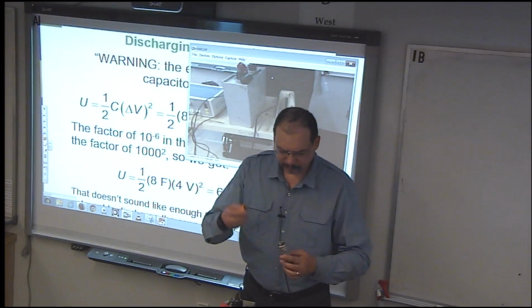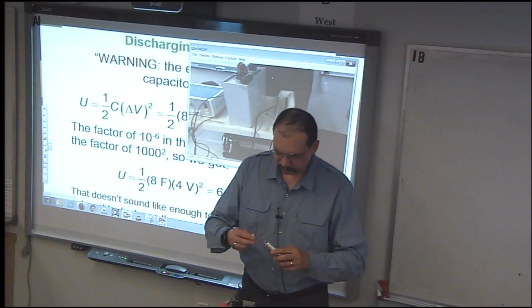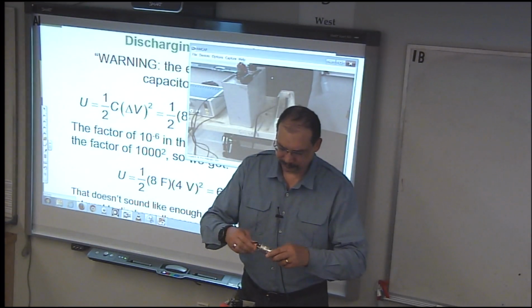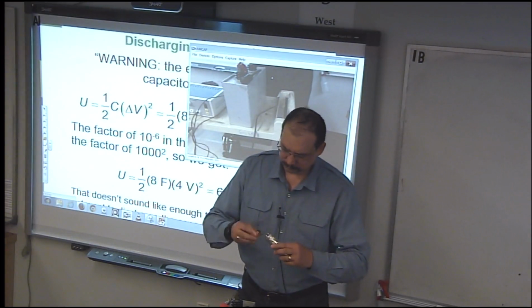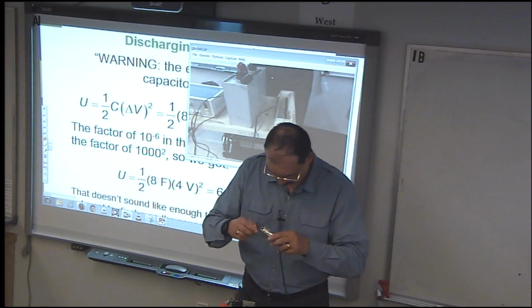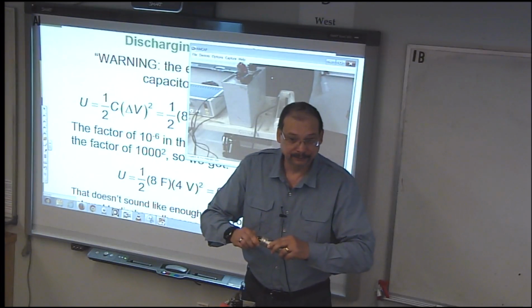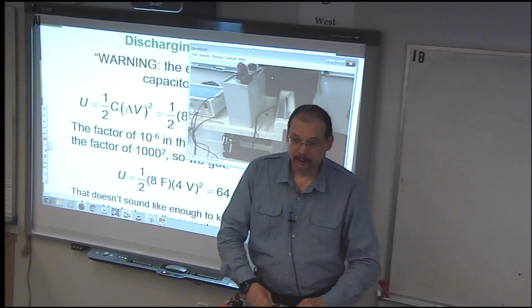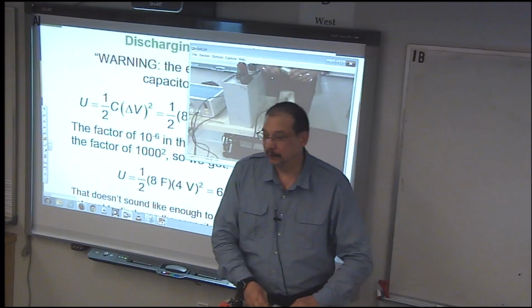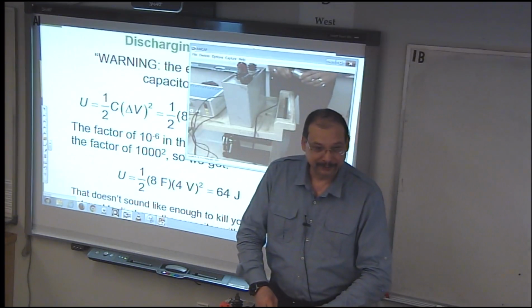So I use just a regular battery, and I want to charge it. How do I do it? I just connect a plus to a plus, a minus to a minus, and I should wait a little. It takes time to charge a capacitor. And now this capacitor is getting a certain amount of energy.